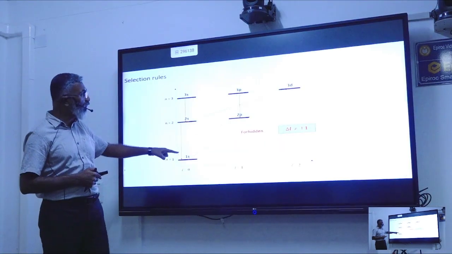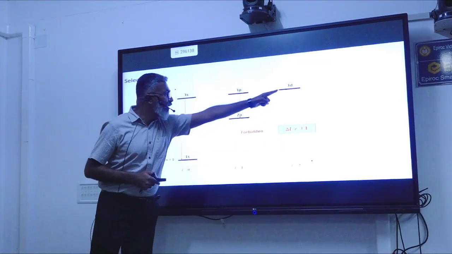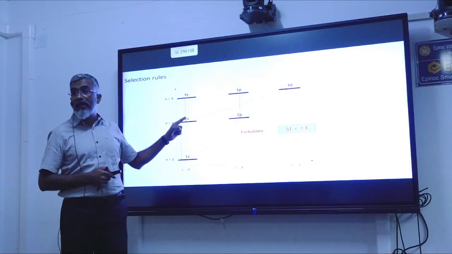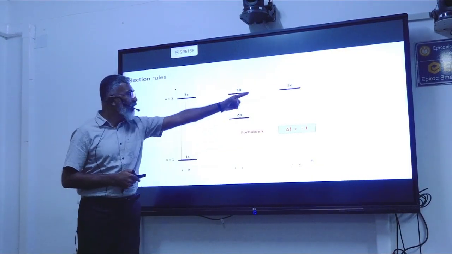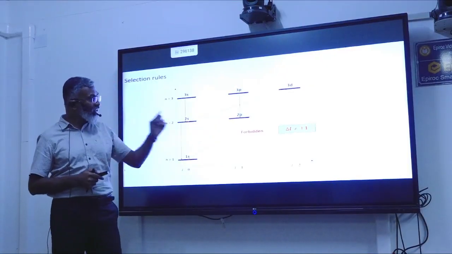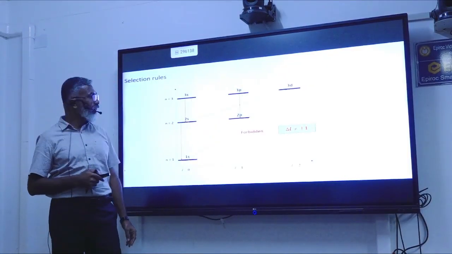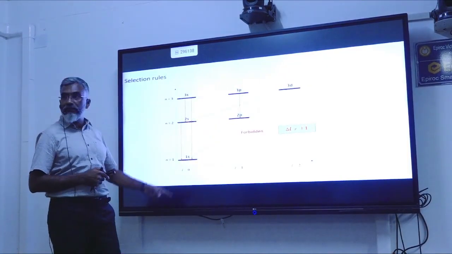And this is not allowed. This is not allowed either, because Δl is 3 now. This is 3 minus 0. And this is also not allowed. So we have a bunch of forbidden transitions.